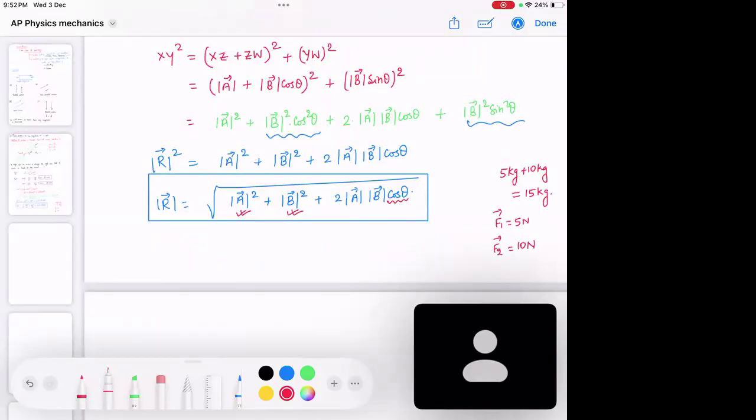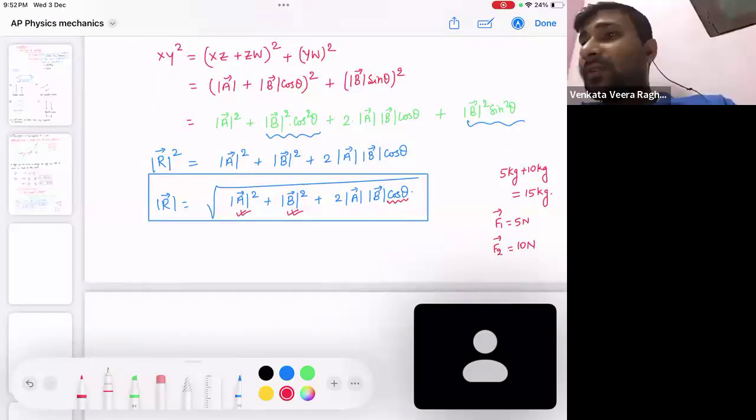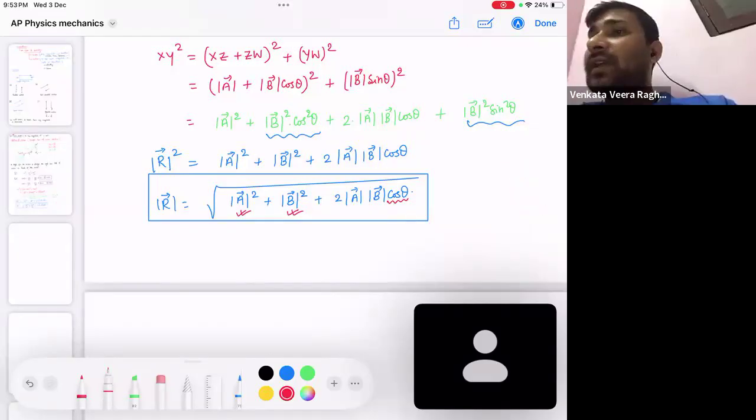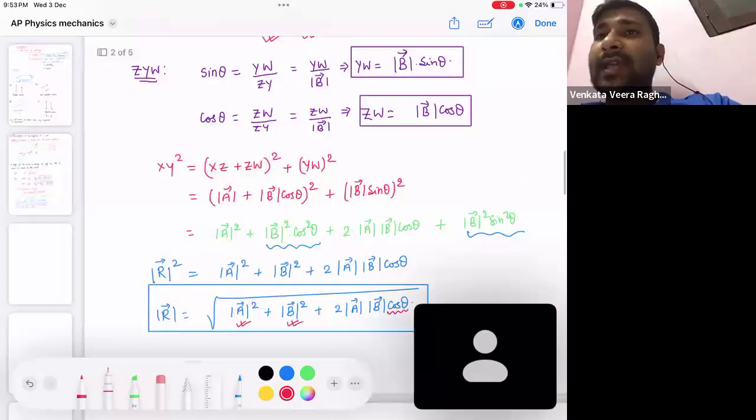May or may not. No, we need the angle between the F1 and F2 vectors also. Because addition of vectors not only depends on the magnitude, it depends on the direction, the angle between the two vectors also. Even if the two magnitudes are equal, their resultant may come different.